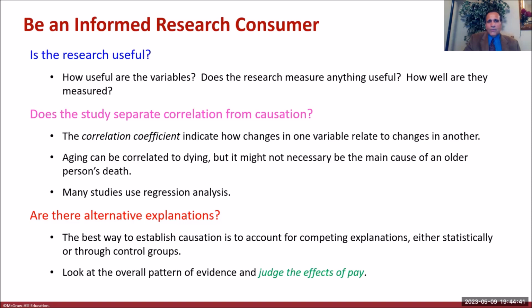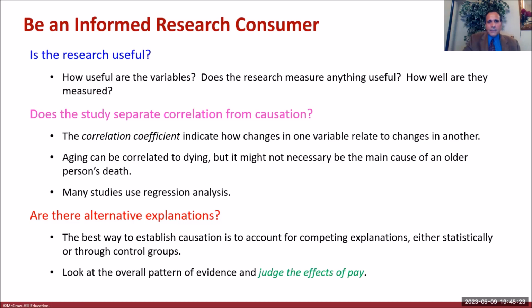The correlation coefficient does indicate how changes in one variable relate to changes in another. For example, aging can be correlated to dying, but it does not necessarily mean that the main cause of an older person's death is their age. So again, correlation does not necessarily mean causation.